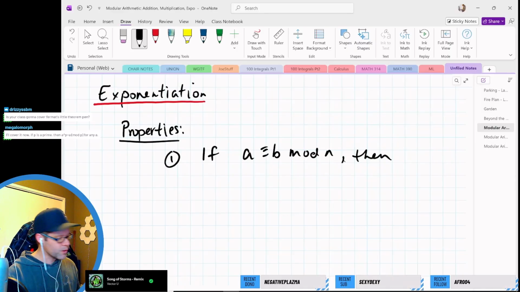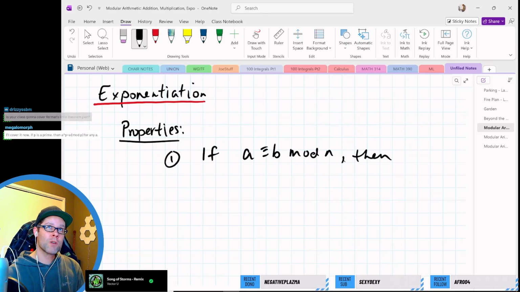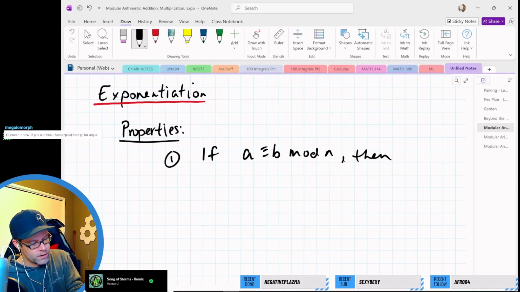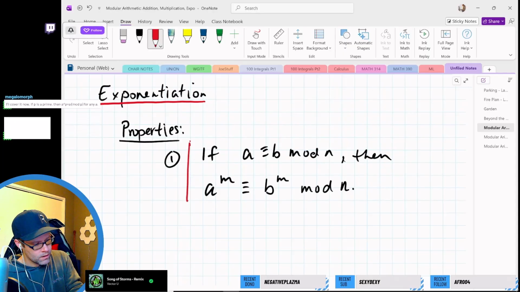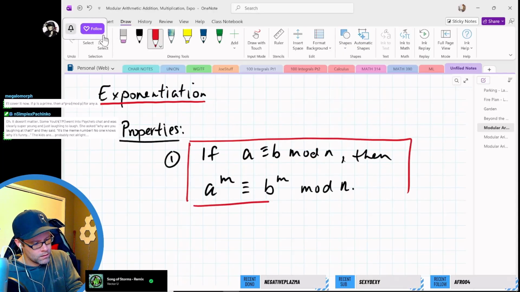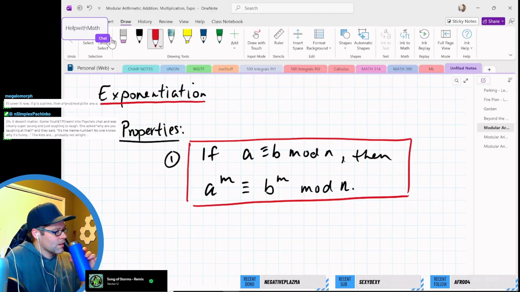This one I might need to prove. I thought this was an extension of the multiplication properties, but I'm not sure it's as obvious as I thought. So if A is congruent to B mod n, my property says that A to the m is congruent to B to the m mod n. In other words, I can take a power of both sides and this should be true. Is that true? That seems wild.